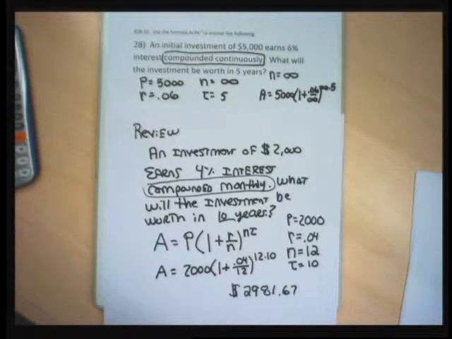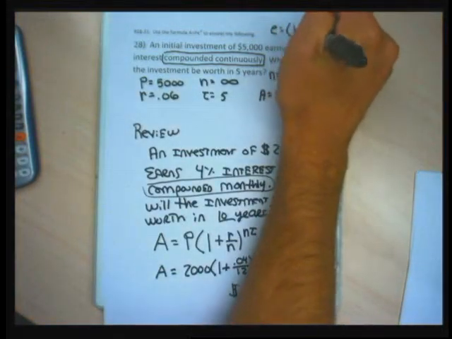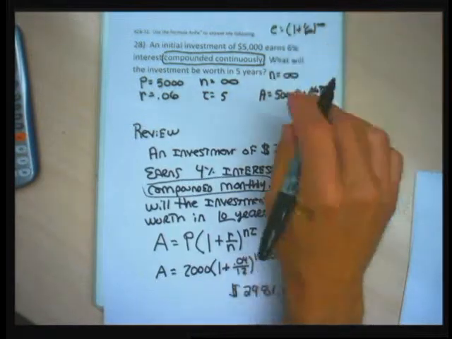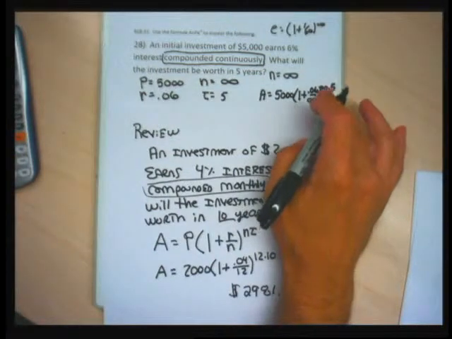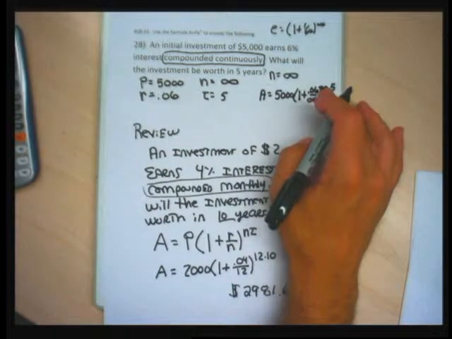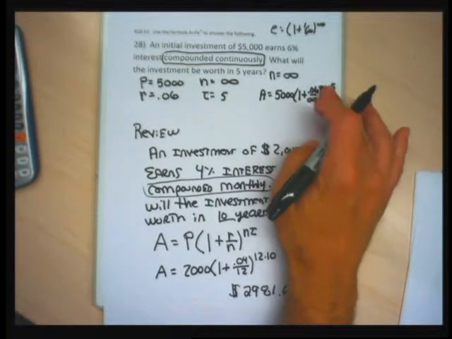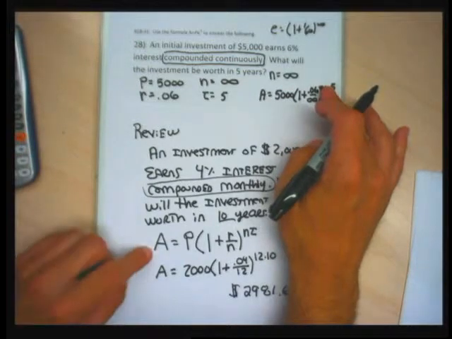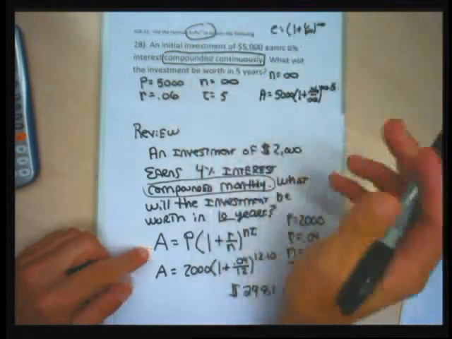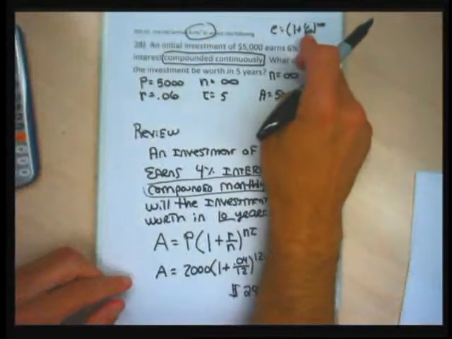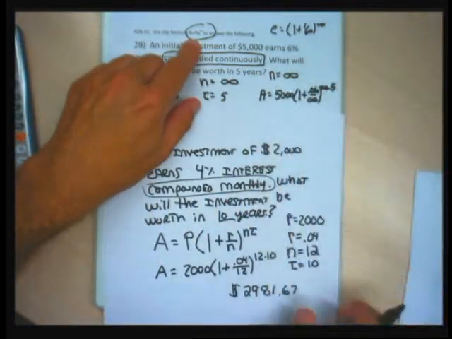If you look at what I'm attempting to do, and remember the E formula, E is 1 plus 1 over infinity to the infinity power, you can almost start to see that. I see a fraction with an infinity in the denominator. I see an infinity in the exponent. It would take calculus to show it, but when the n is infinity, I can't use my calculator with the regular compound interest formula. There's another formula that mathematicians have developed with an E in it, because this formula looks like the E formula, and I have to use the E formula to solve the problem.